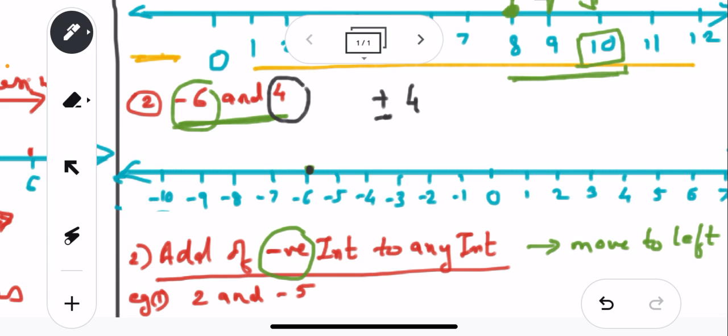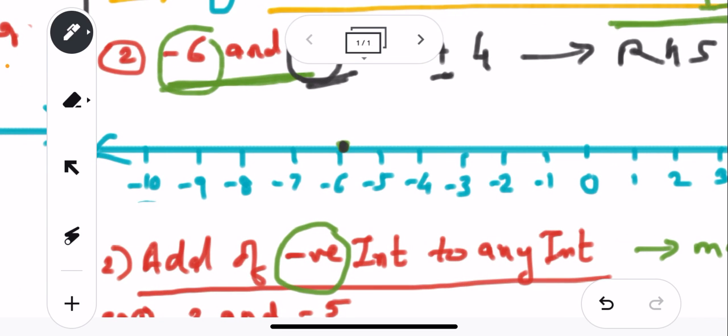Whenever we see plus, we have to move towards the right hand side. How many steps? We will move 4 steps on the right side. This is the first step, second step, third step, and this is the fourth step. So we have moved 4 times.